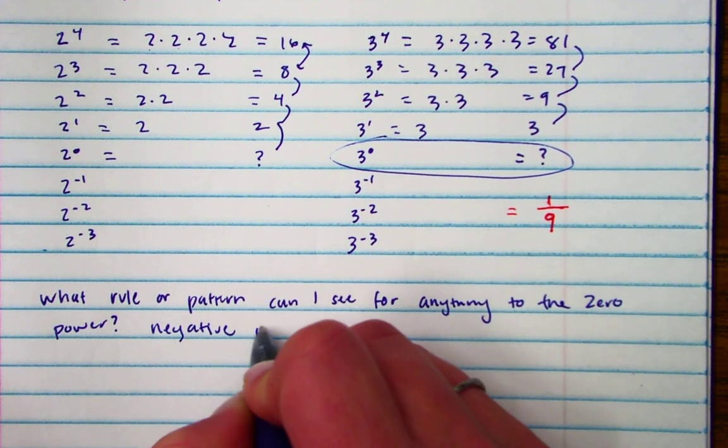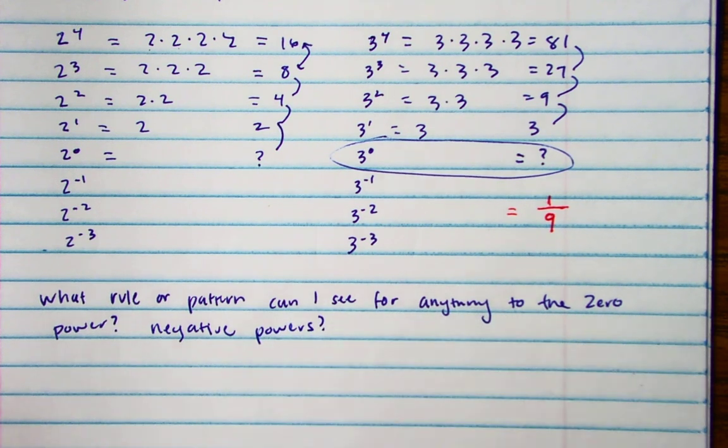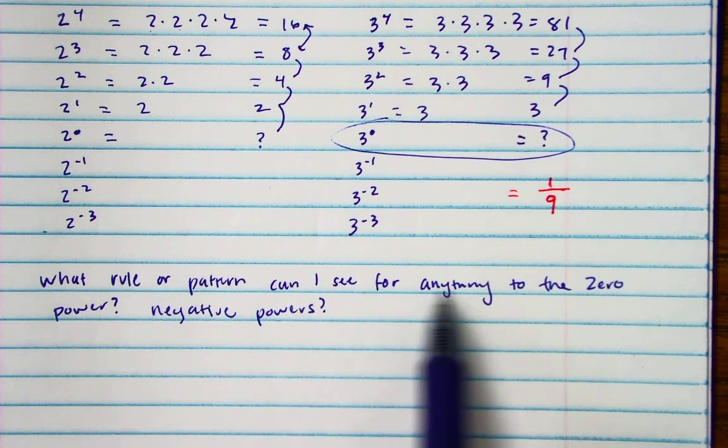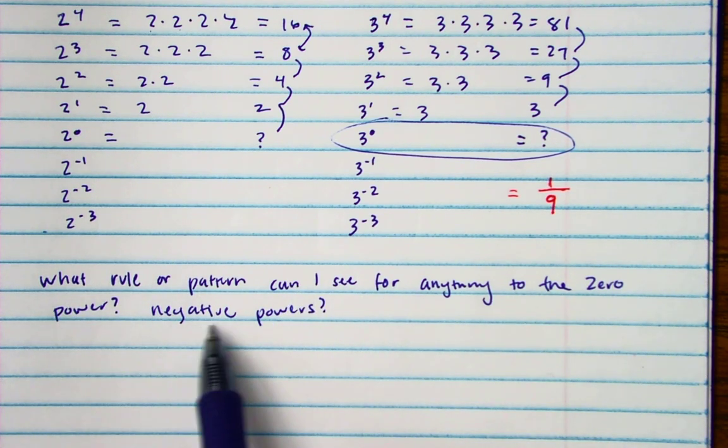What about negative powers? Wow, that's not very legible, but it says, what rule or pattern can I see for anything to the 0 power or to negative powers?